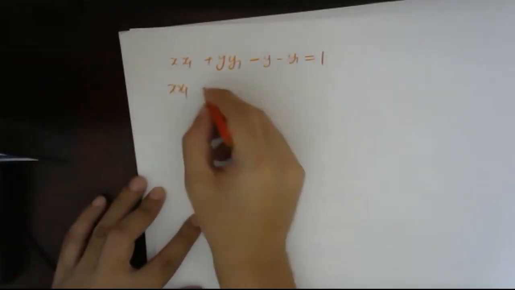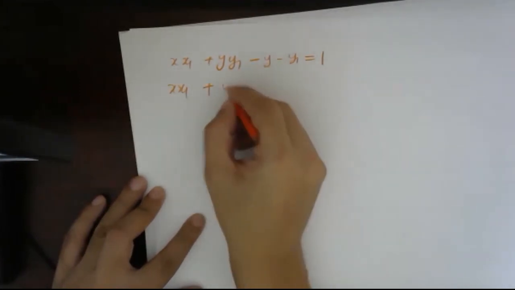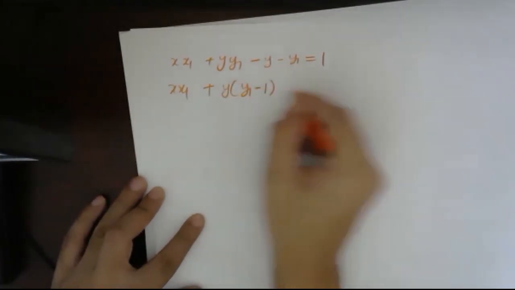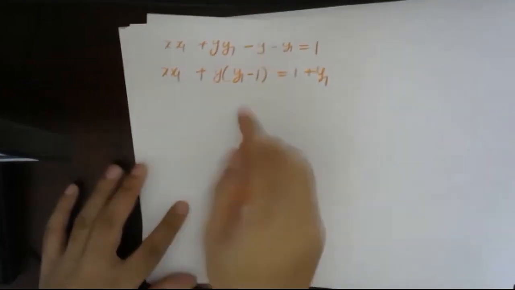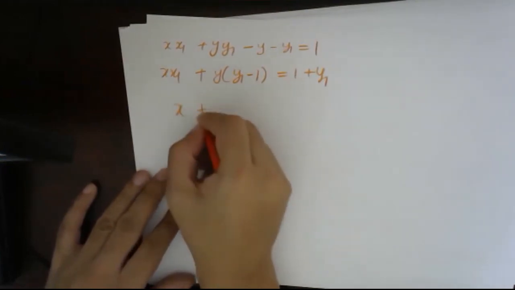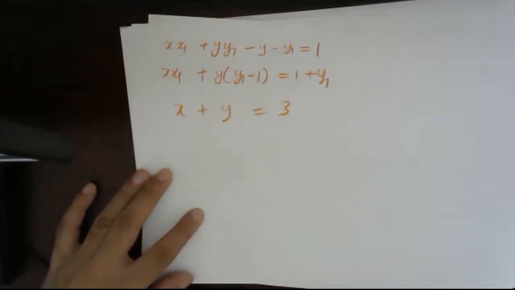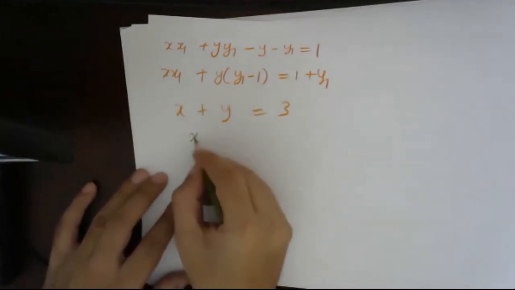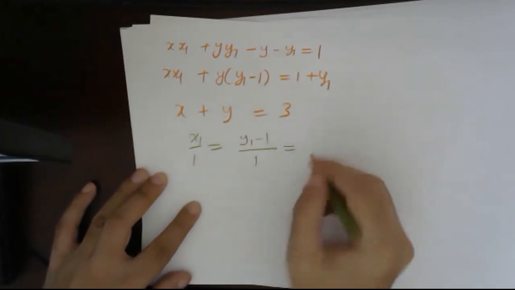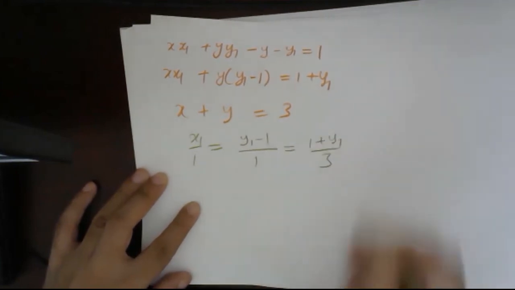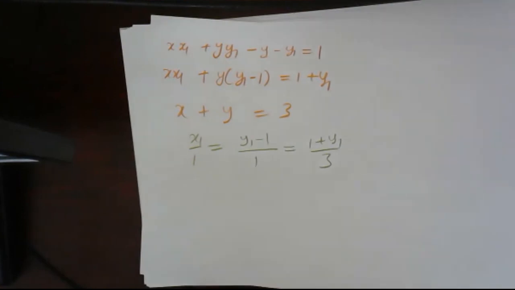So if I combine, this is x(x1) plus y(y1 minus 1) is equal to 1 plus y1, and this equation should be exactly equal to x plus y equals 3. So if I compare the coefficients, x1 by 1 should be equal to (y1 minus 1) by 1, which should be equal to (1 plus y1) by 3. So these are the coefficients.